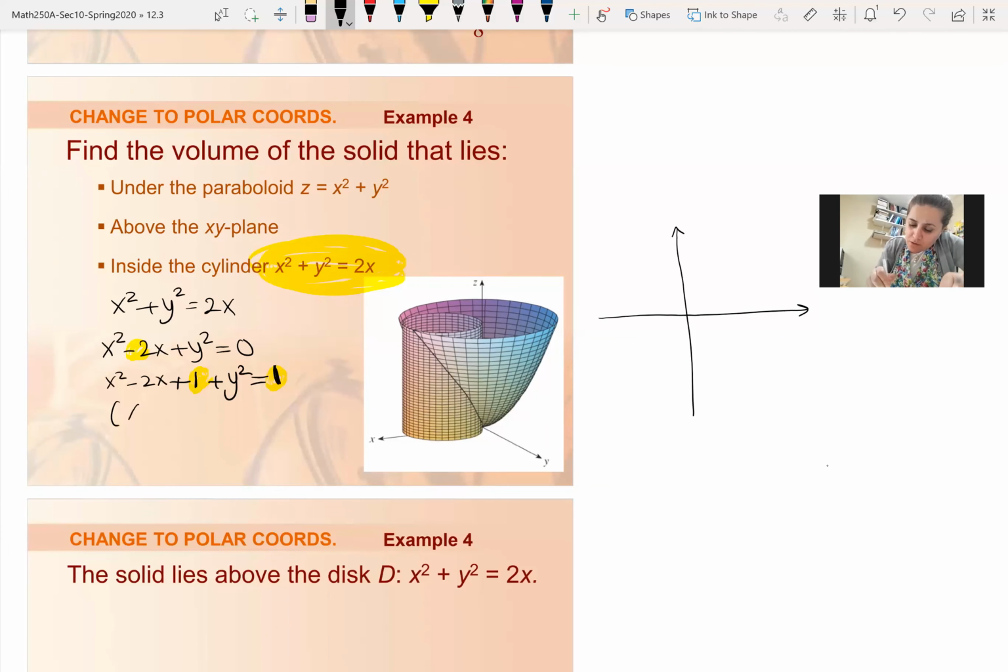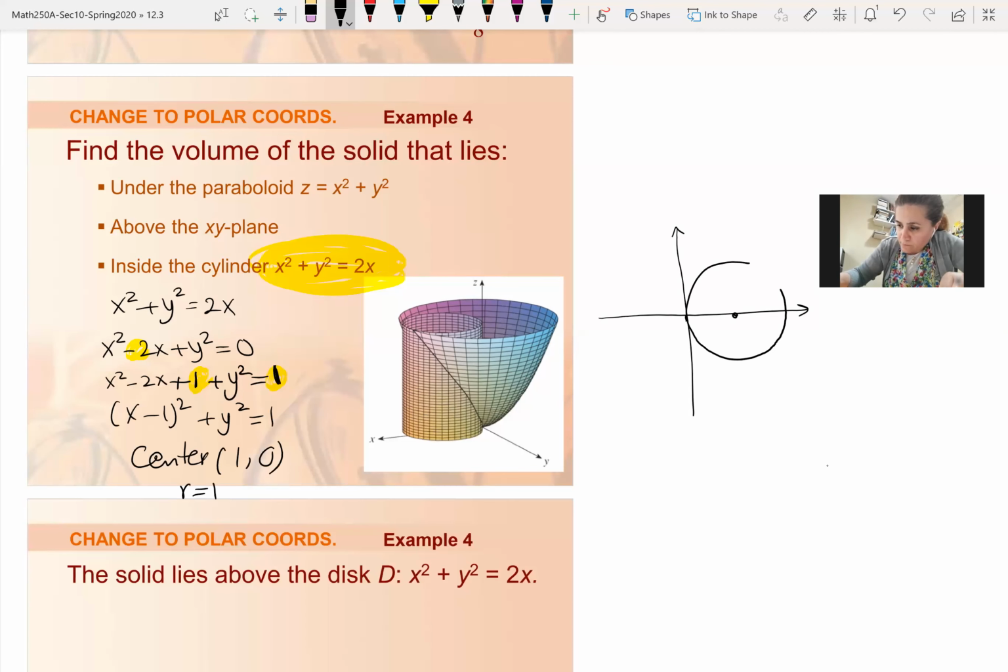So this is going to be x minus 1 squared plus y squared equals 1. In this case, the center is not the origin, and that's the only difference we have for this problem. So radius is 1 and the center is sitting right over here, so I have to graph it right over here. Okay.